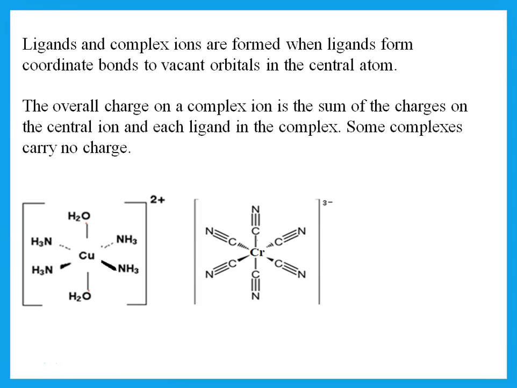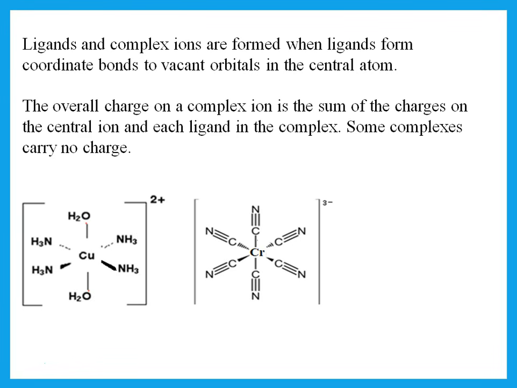What if I have this? Each of these ligands is a cyanide ion. Now the cyanide has 1 negative charge, so each of these C triple bond N has 1 negative charge on it. And that means I have a total of 6 negative charges. Now the chromium in the middle has a +3 charge.